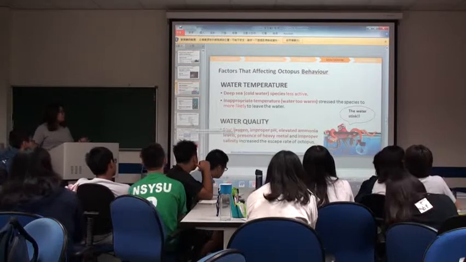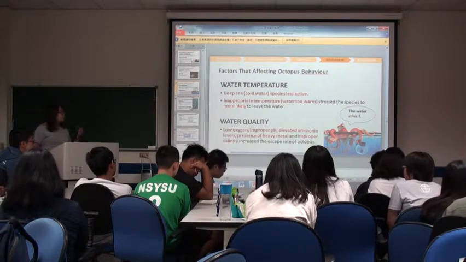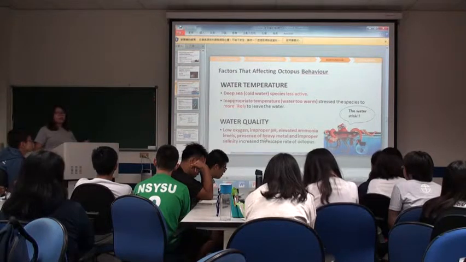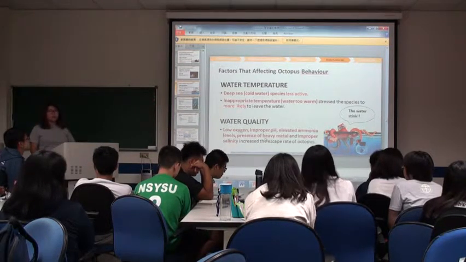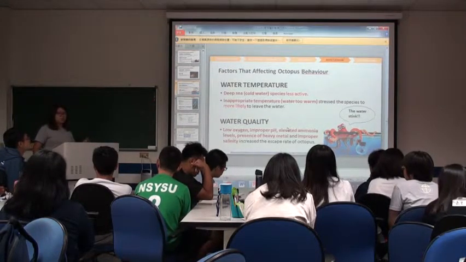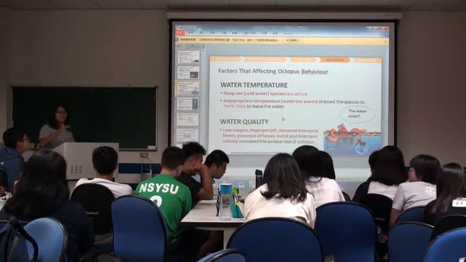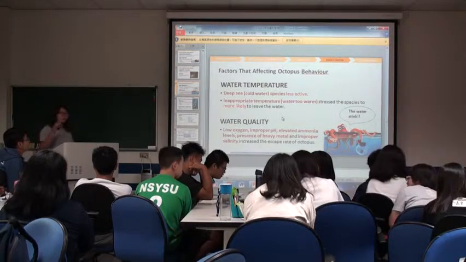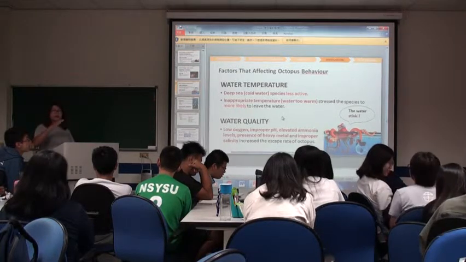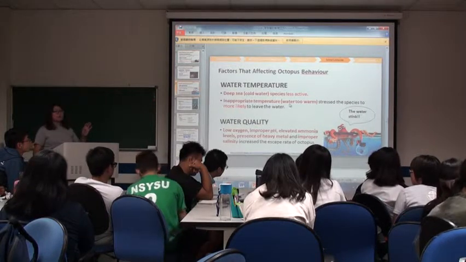For a deep sea species, if the temperature is higher than the habitat they live in, that means the water is too warm. For the intertidal species, the water is more shallow, so the temperature is higher. But if the temperature is much higher than the intertidal temperature, that means the water is too warm. So these are different species.